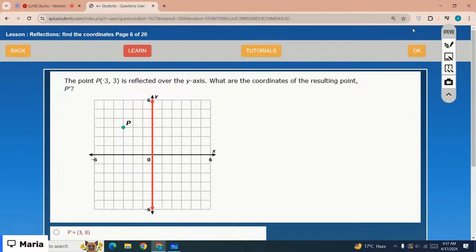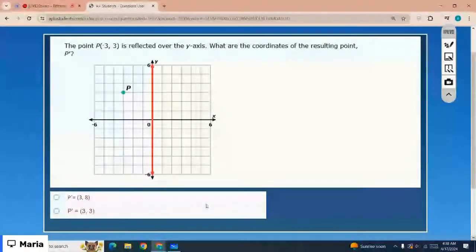What are the coordinates of the resulting point? The correct option is 3, 3. Option 2 is the correct option.